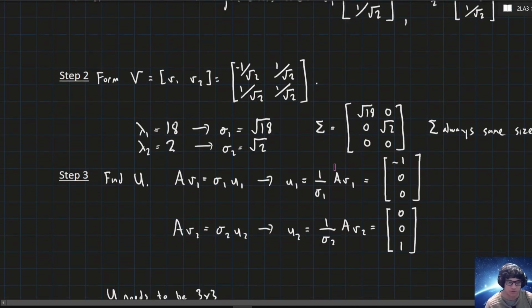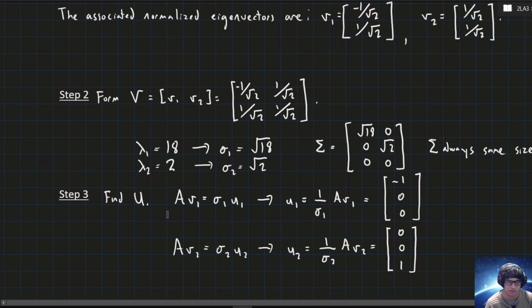So we can find U1 and U2 by using the singular value relationship like this. A times V1 equals sigma 1 times U1. Now, if I want to solve for U1, I can rearrange like this. I know sigma 1 is not 0, so this will work.